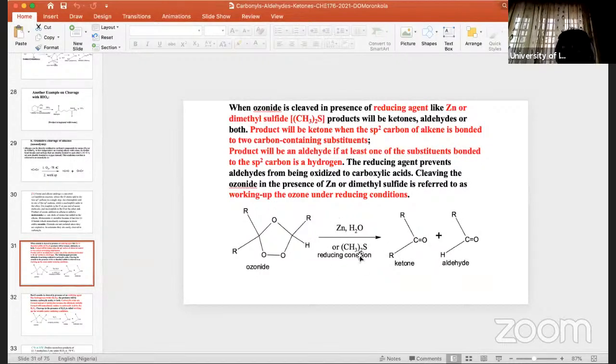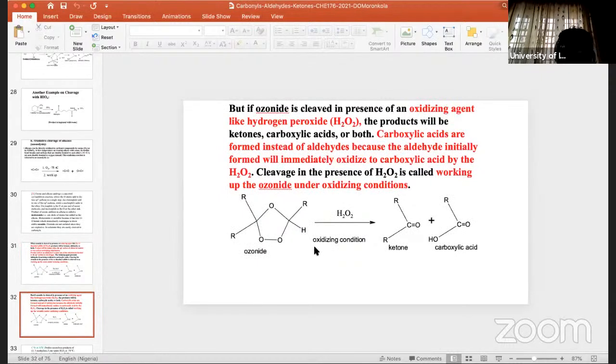Cleaving the ozonide with zinc or dimethyl sulfide is referred to in the workup as under reducing condition. Please take note: under reducing condition, if an aldehyde is formed at all, it doesn't further oxidize to the carboxylic acid.